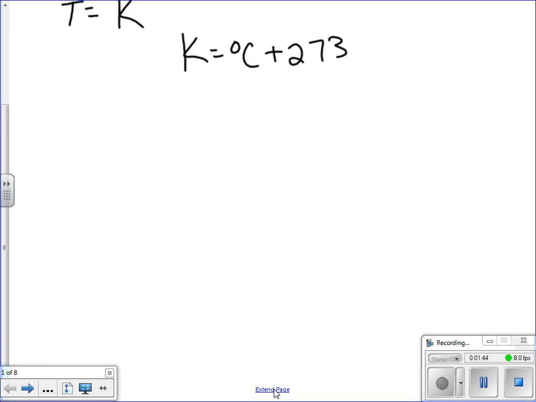So on page 364, you'll see that 1 atmosphere, which is standard, is also equal to 760 millimeters of mercury. We get this off of a barometer, and that's how many millimeters high the mercury is in that barometer. 1 atmosphere can also equal 760 torr.